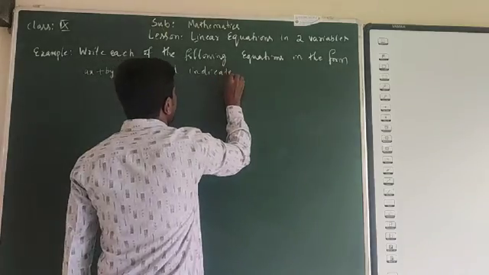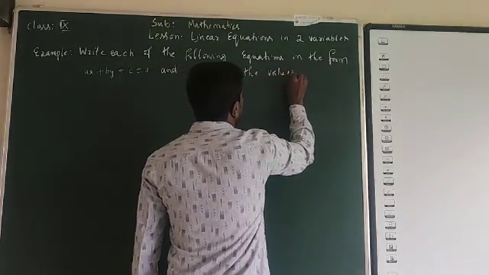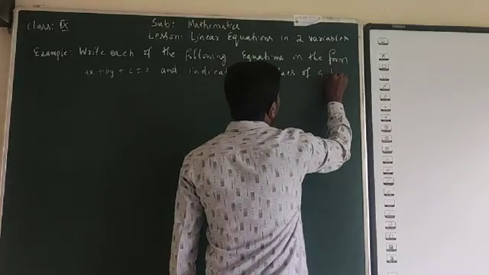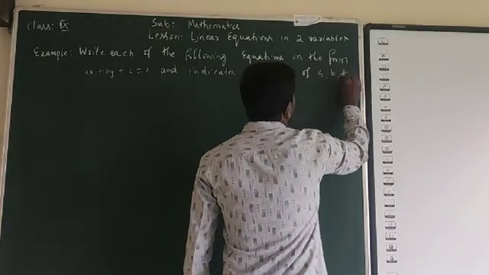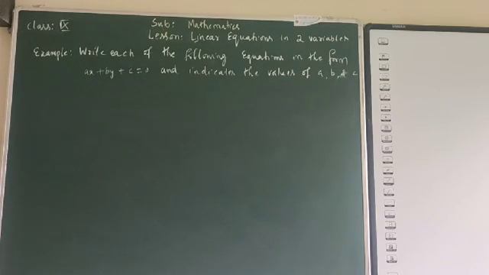So we need to write the given equation in the form of the general equation, and then we should find out the constants a, b, c. Real numbers, we should find out what the real numbers are.